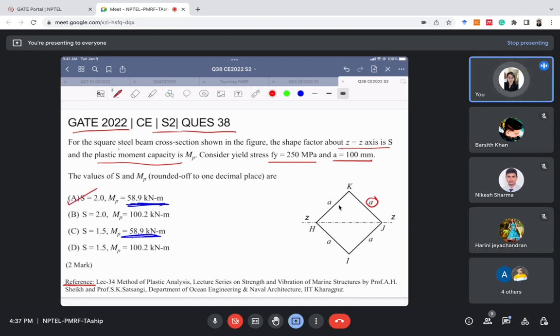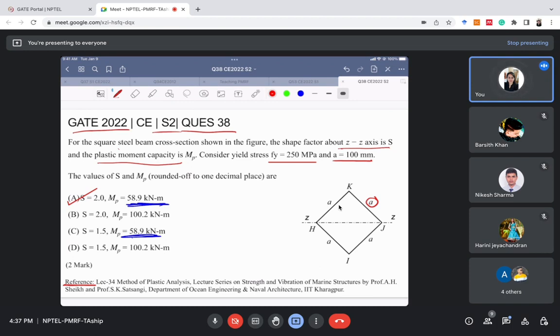One important thing you should keep in mind for these kinds of questions is that sometimes they might give you different sections and ask you to arrange them in order of increasing value of shape factor. So for some standard cross sections you should learn or remember the value of shape factor.